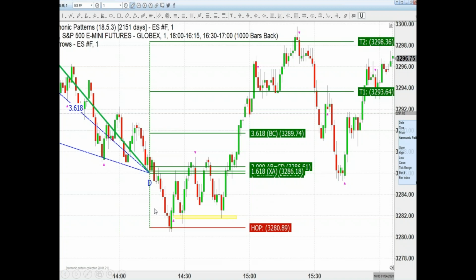And again, because this is the first time it completes, we're anticipating a target one move. I'm not going to get into type 1, type 2 here in this discussion. There's videos that I have on type 1, type 2 patterns. But because it's the first time it completes, we expect and target this type 1 level at 3293.75.